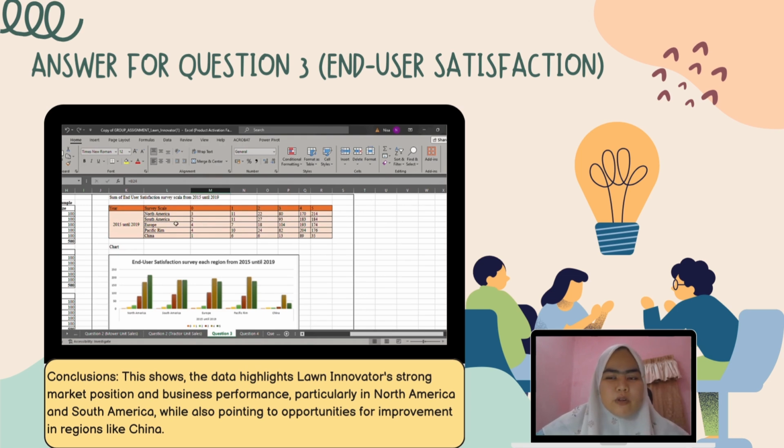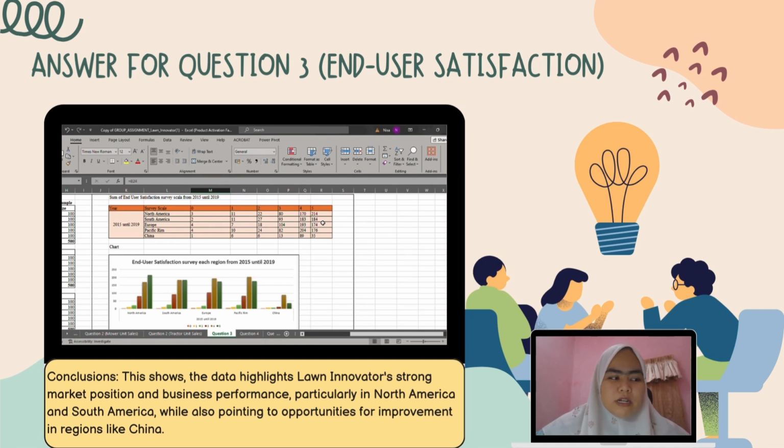South America follows closely with high satisfaction, reflected in scores of 4 with 183 responses, and score 5 with 184 responses, suggesting a robust positive sentiment among users.